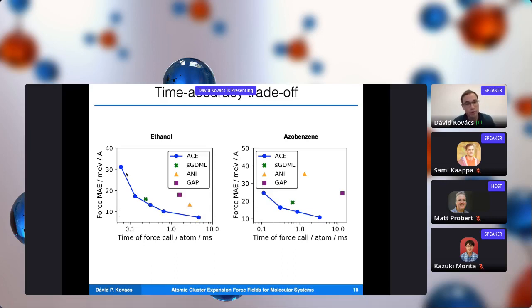What I control here is the polynomial degree and body order of the ACE basis. The higher polynomial degree and the higher body order you allow, the more accurate your model gets, but the longer it takes to evaluate. But you can see that ACE is in some sense optimal across all of these different models.